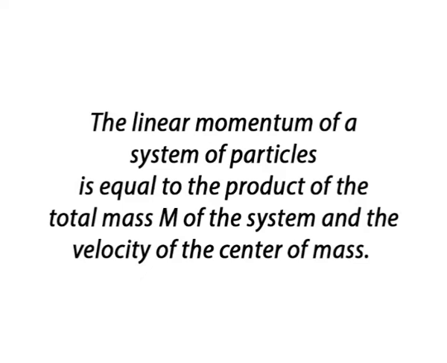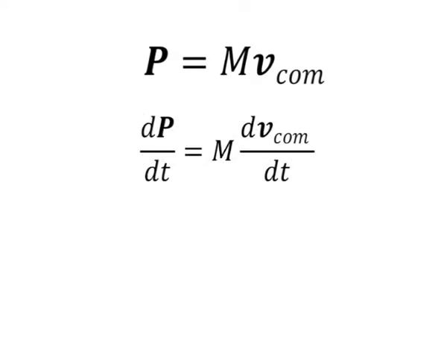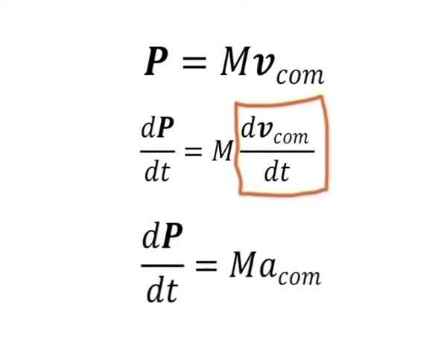Now, if we take the time derivative of this equation, we find dP/dt = M dv com/dt, and we know dv/dt is acceleration. Therefore, dP/dt = M a com.